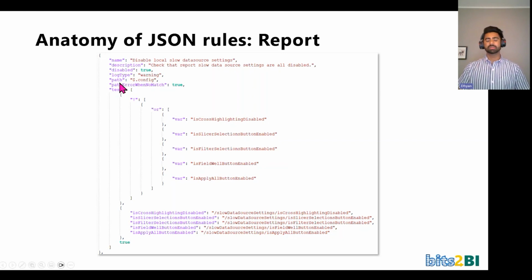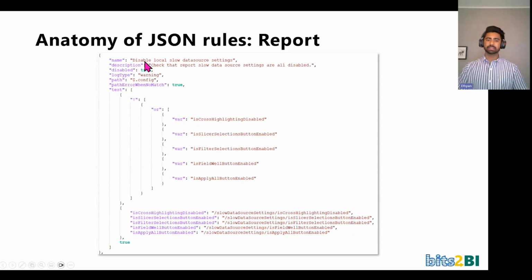Then you just give a path, when do you want to evaluate. It's a recursive feature for PBIP files. We'll not talk about that. And then you have the test you want to do. In this particular case, there are certain settings in your Power BI report that you can disable, like we don't want to do cross highlighting, we don't want to apply the slicer selection and all. So you can check for all of them.